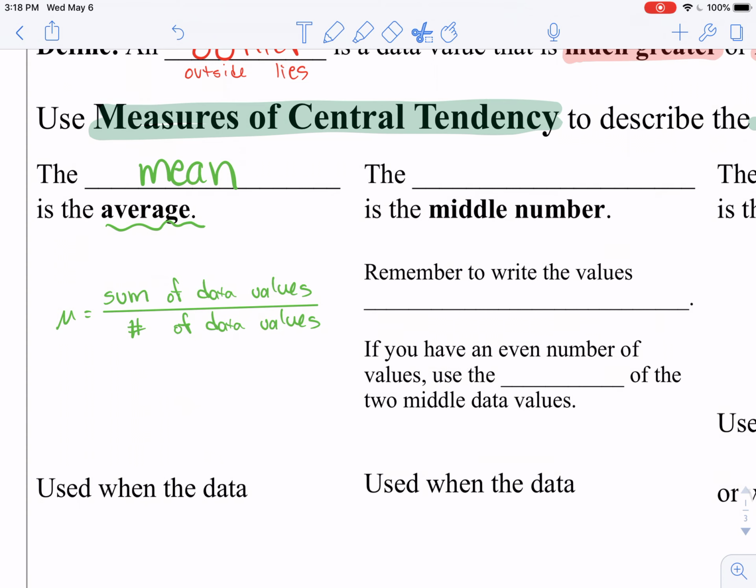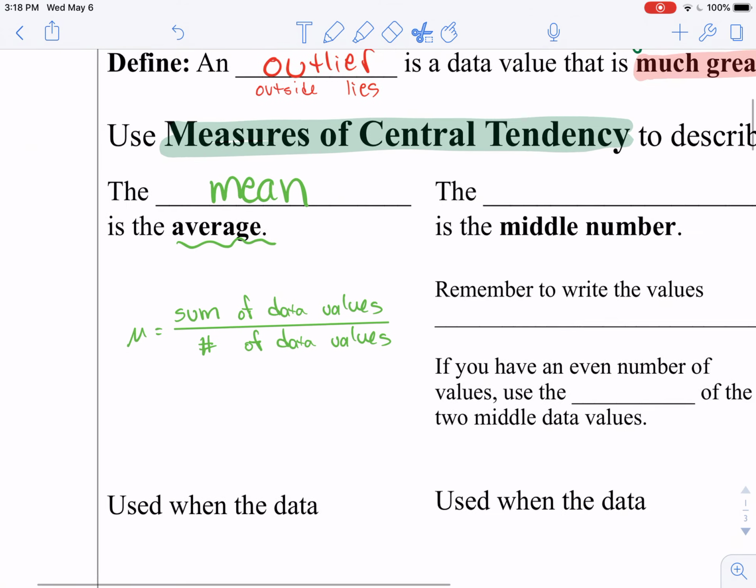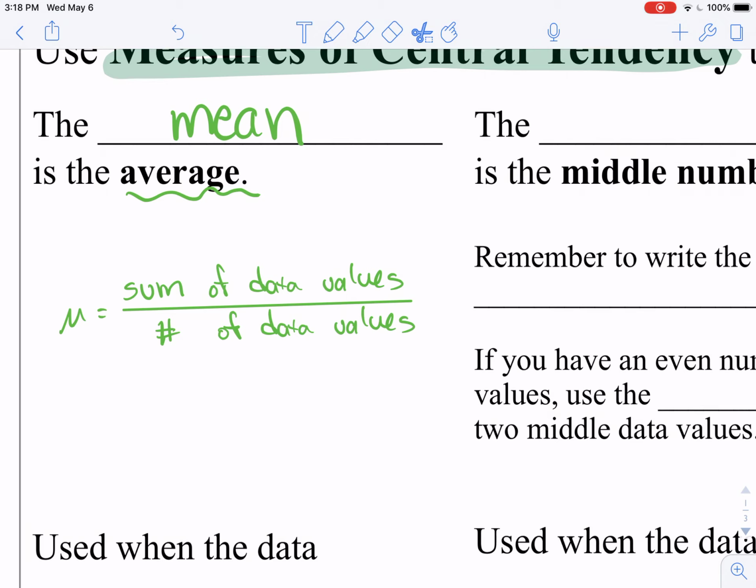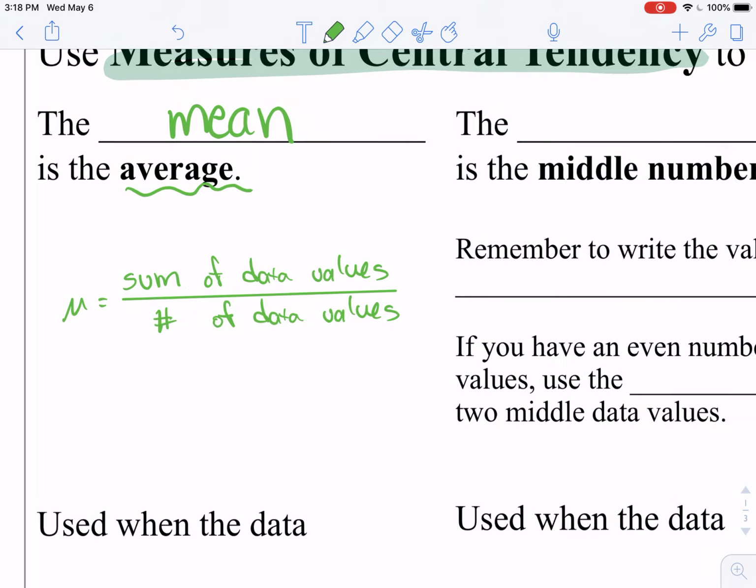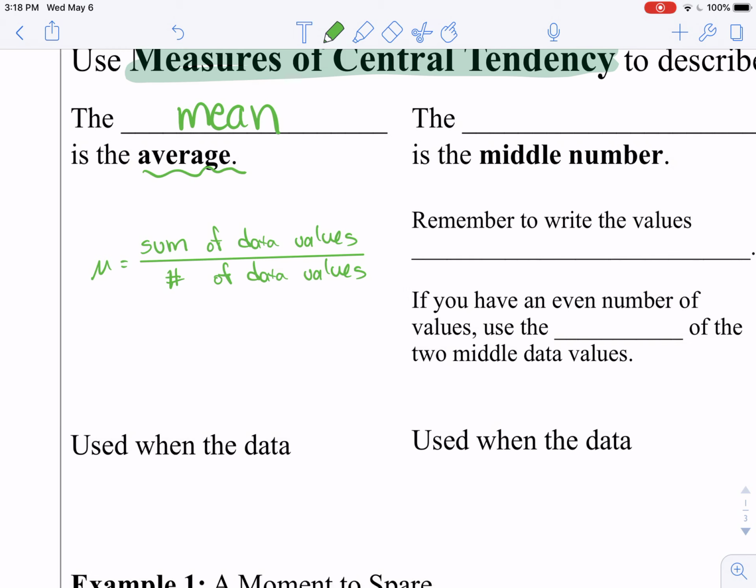Basically, you count up everything you have, and then you divide by how many you have. Do you know what I mean? That's the average. So you'll want to use the mean when your data does not have an outlier.